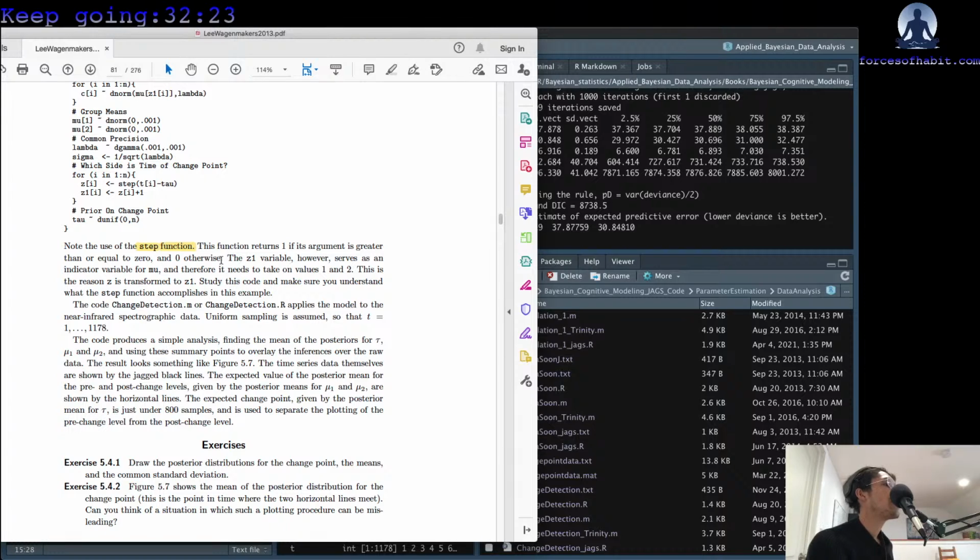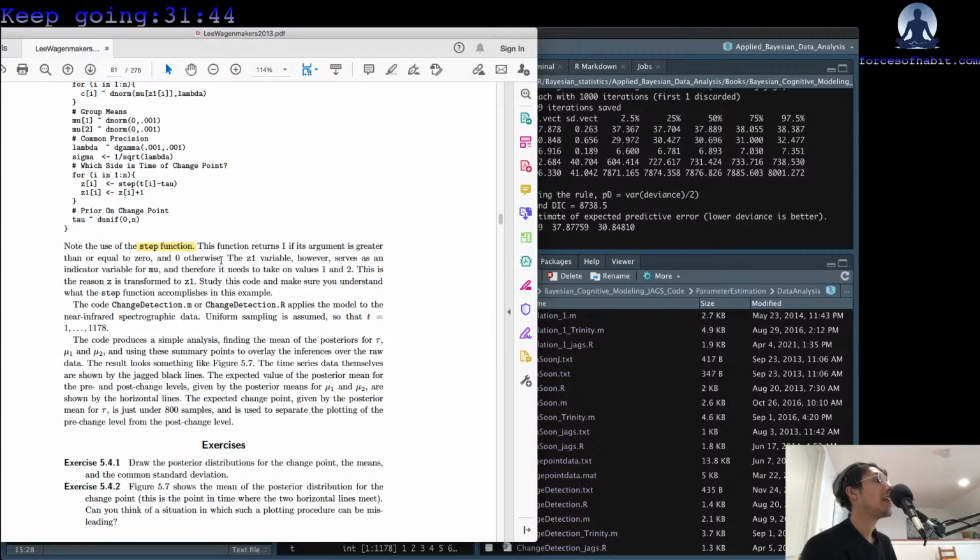So if the difference between the time point we're at and the threshold, so if I subtract the threshold from time and I get a value that's equal to 0, meaning that there's no difference between the threshold and the time point I'm at, or I get a value where even when I subtract tau, I still have a non-negative value, then z is going to be equal to 1. So we end up with a vector z that is just a bunch of zeros and ones.